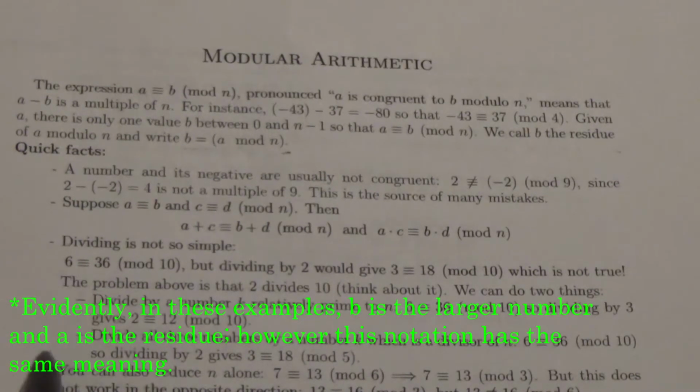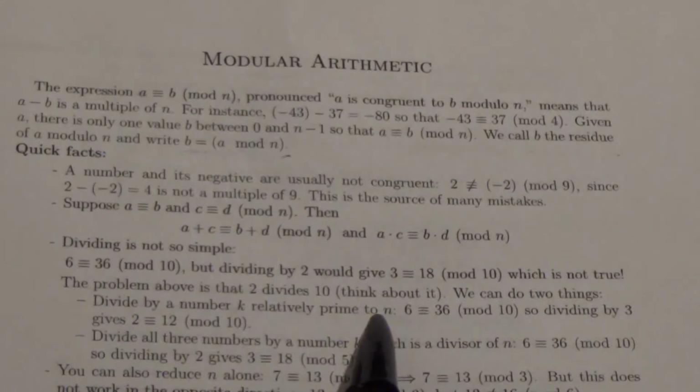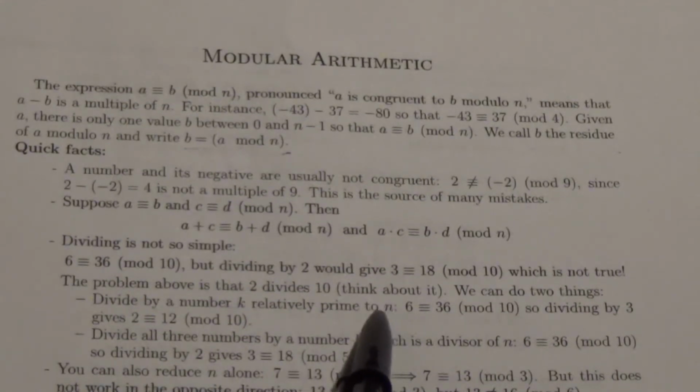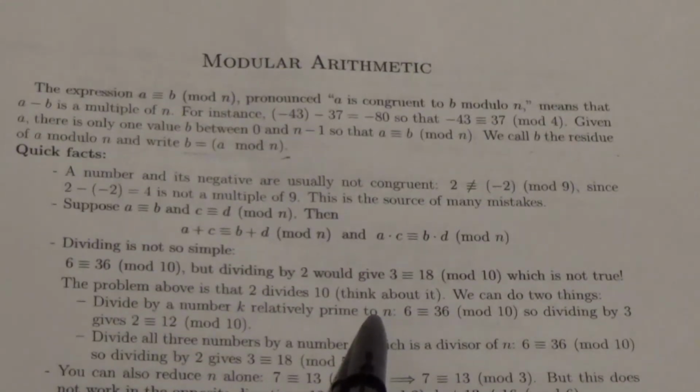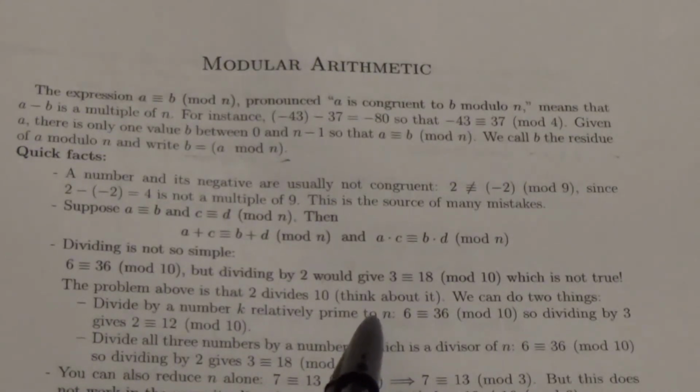And so we can do two possible operations with division. If we're dividing by a number k, which is relatively prime to n, meaning that k and n share no proper divisors, so basically the greatest common factor is 1, then we can effectively divide through just by dividing a and b.